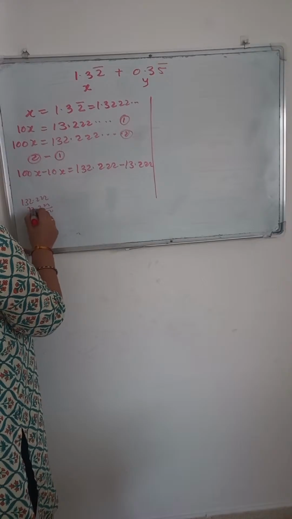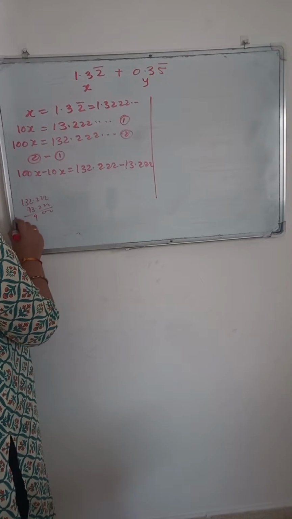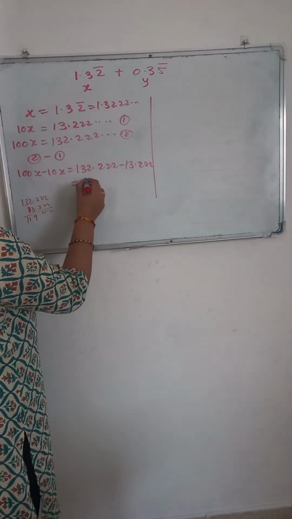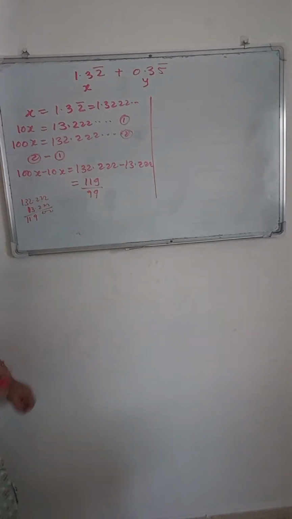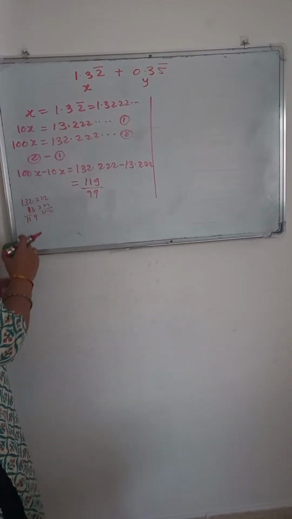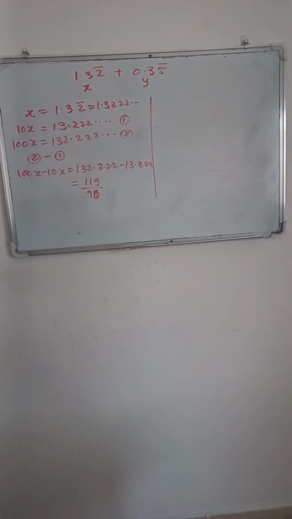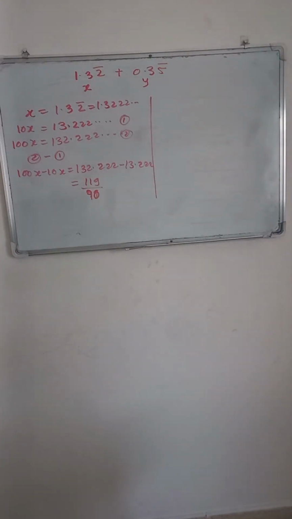So 12 minus 3 is 9, and we get 119 divided by 90. Okay, so this is what x is. Okay, now can you solve the y part? The y part you can do.